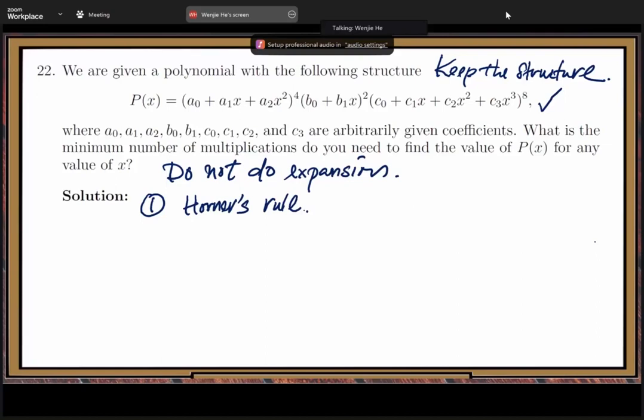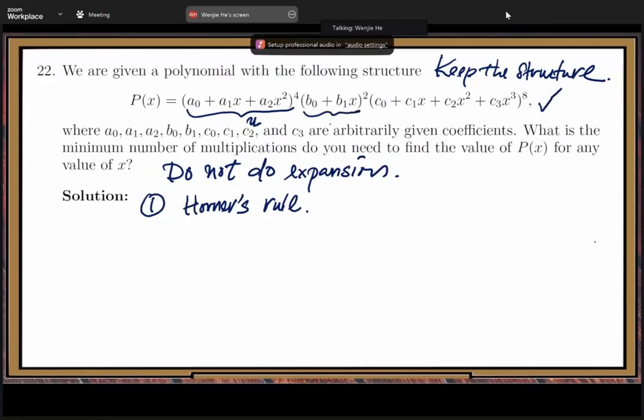Using Horner's rule, you can find the number of multiplications in the first pair of parentheses. Let's say u. You could use a temporary variable u to represent the value in the first pair of parentheses.